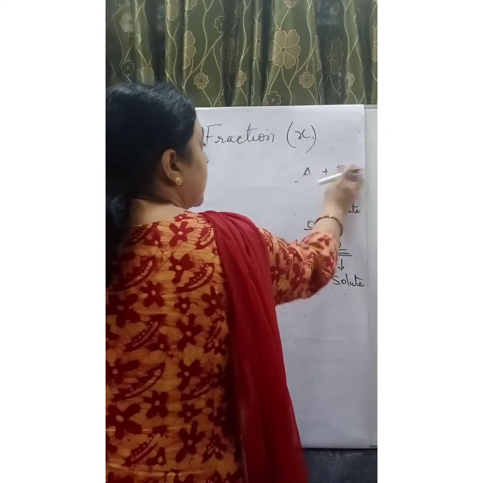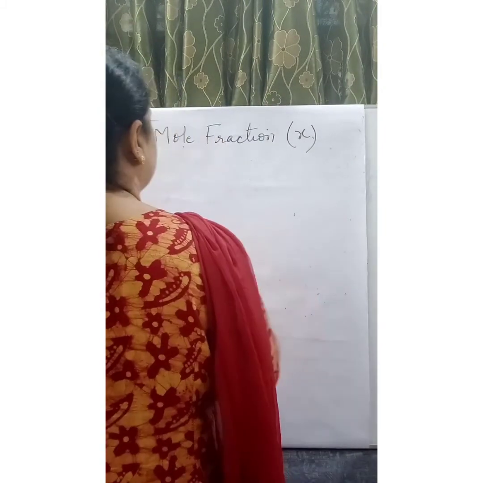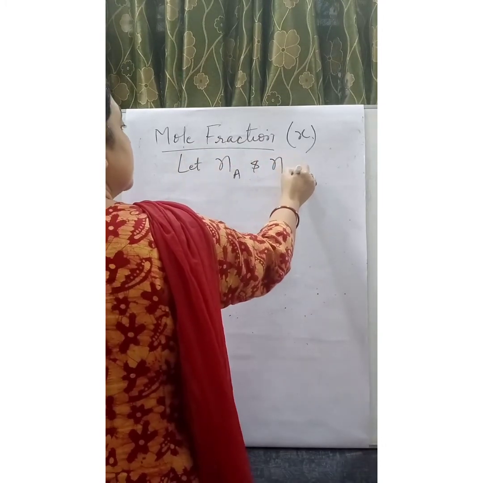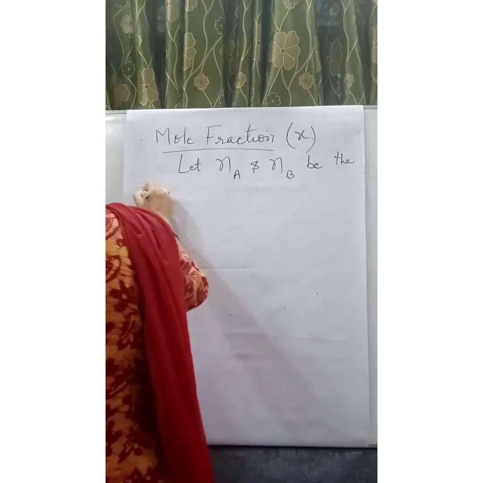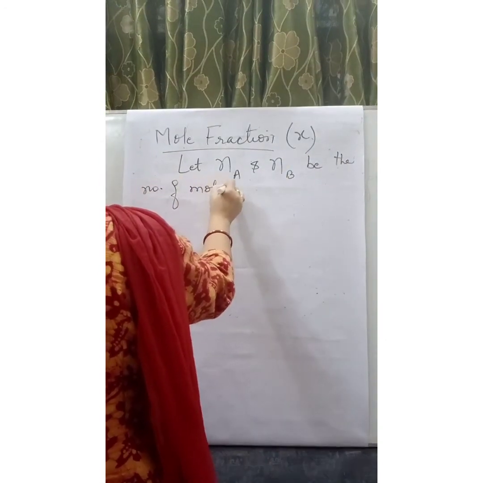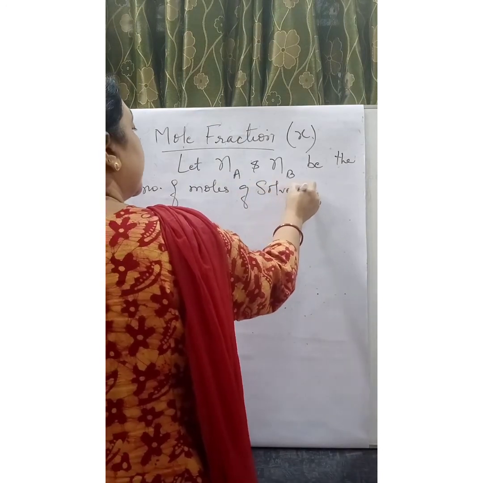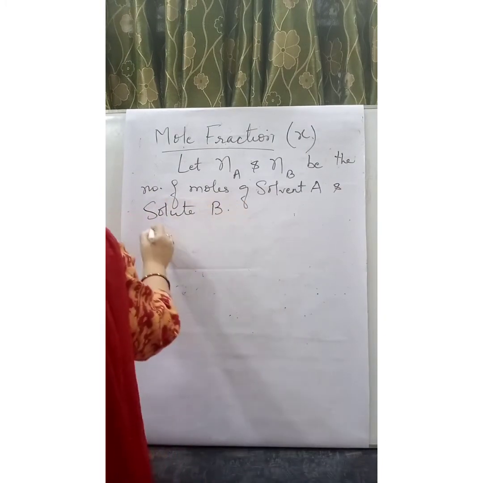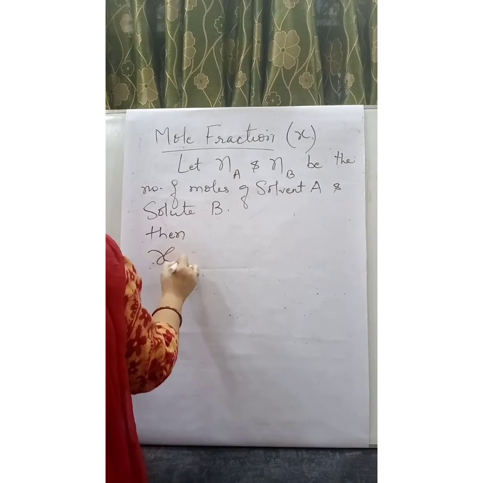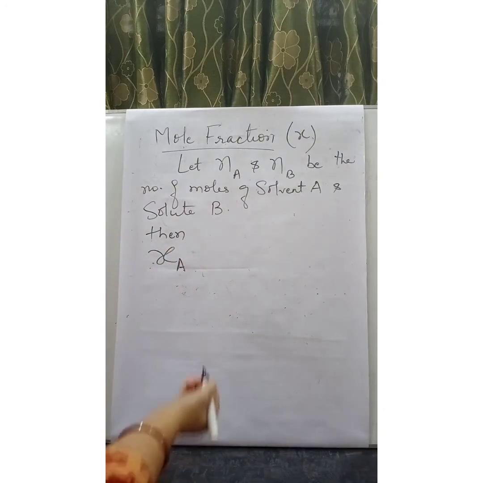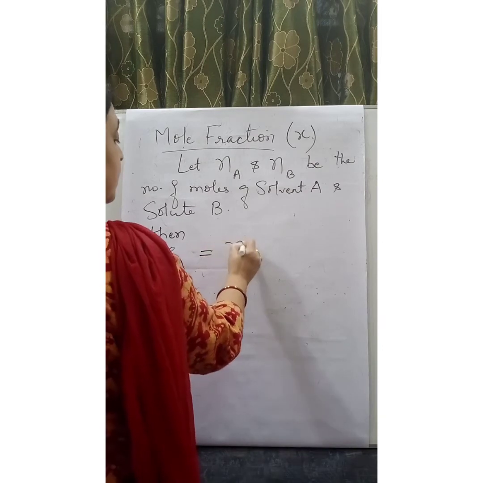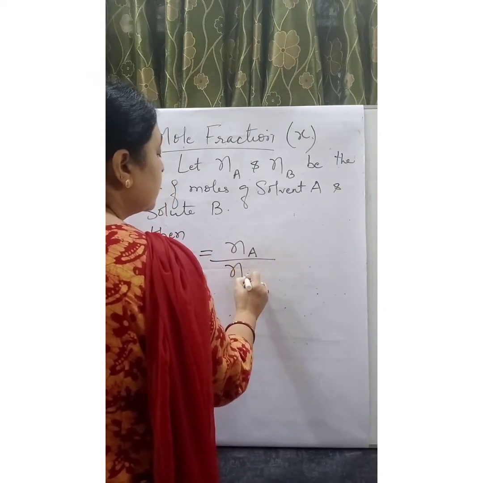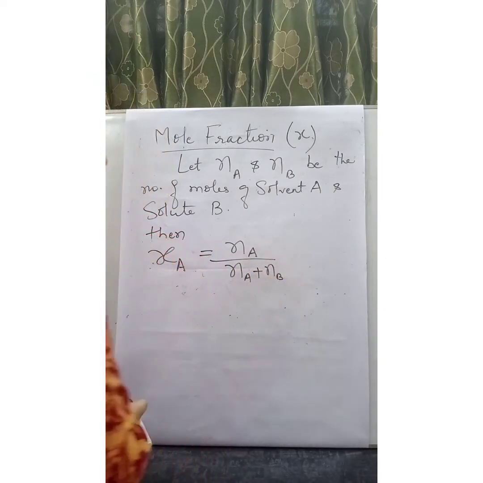Now let us see the formula. Let Na and Nb be the number of moles of solvent A and solute B. Then mole fraction of component A, which is solvent, is equal to number of moles of component A divided by total number of moles of all the components present in the solution.